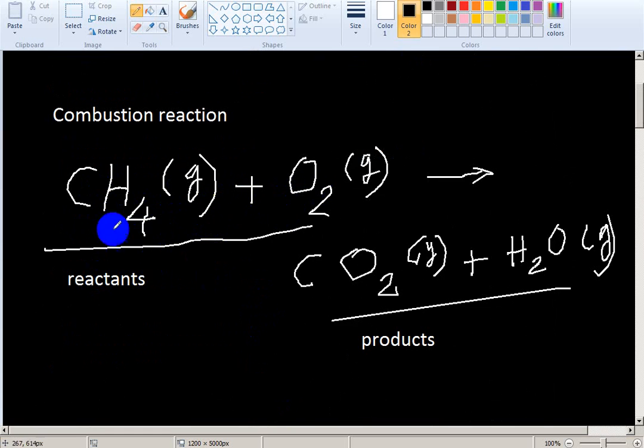Reactant bonds are breaking. Product bonds are forming during the reaction. Reactant bonds are breaking.